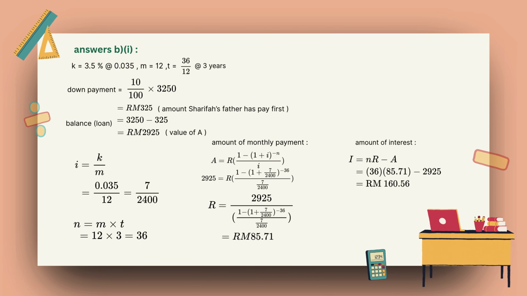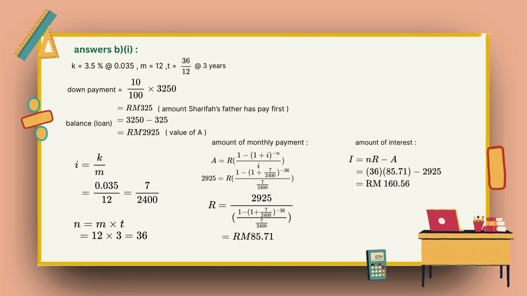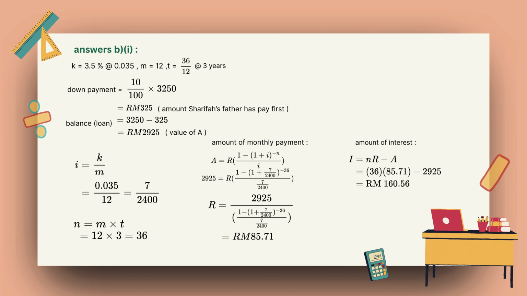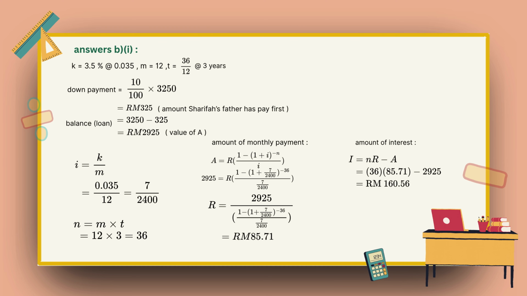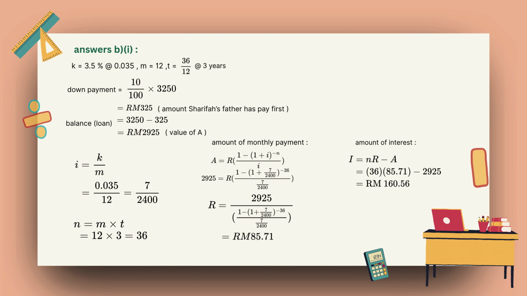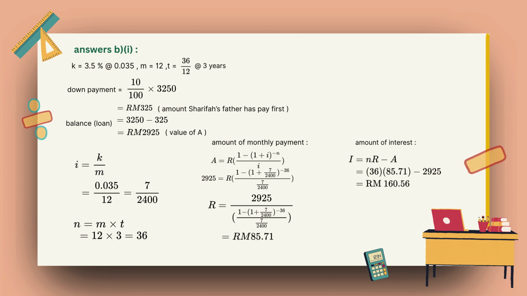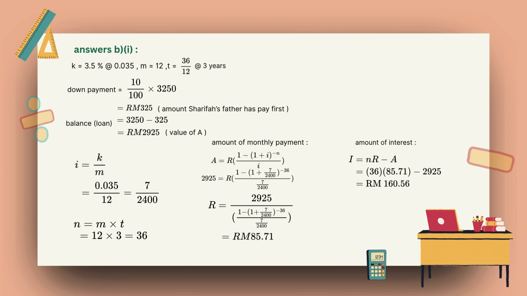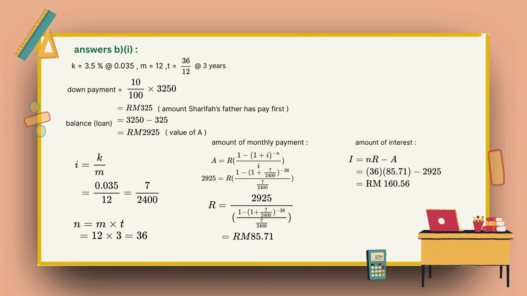The balance is 3250 minus 325, so the answer is 2925. Next, to calculate the amount of monthly payments, i equals k over m, so 0.035 over 12. The answer is 7 over 2400. Next, n equals m times t, so 12 times 3 is 36.